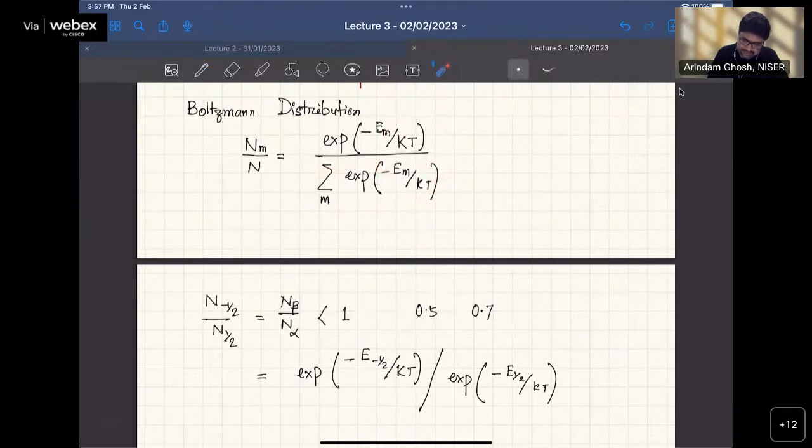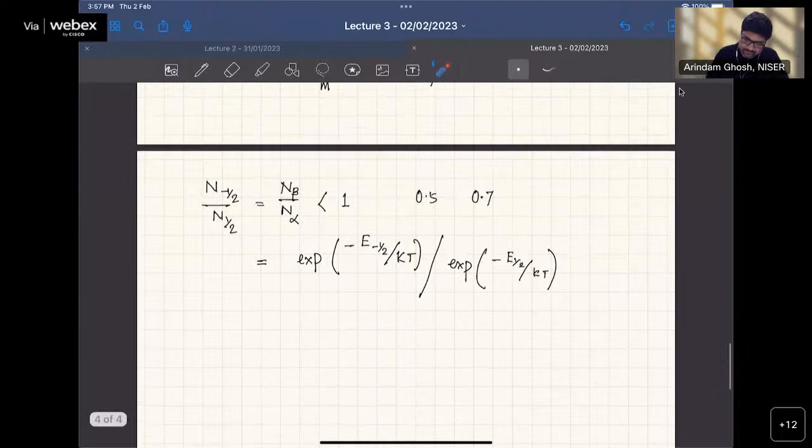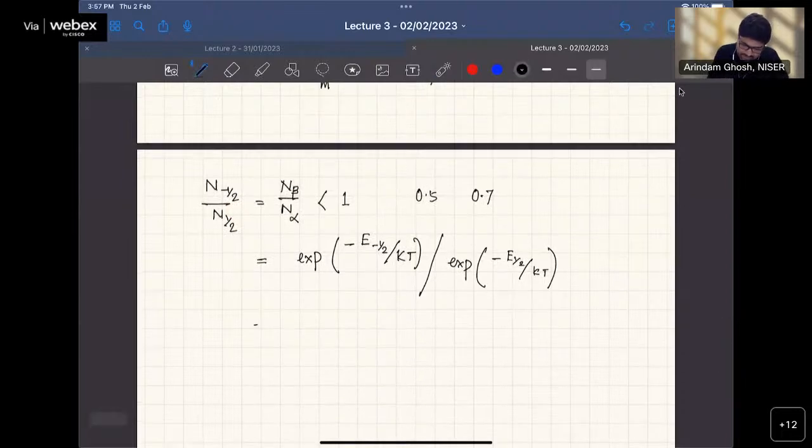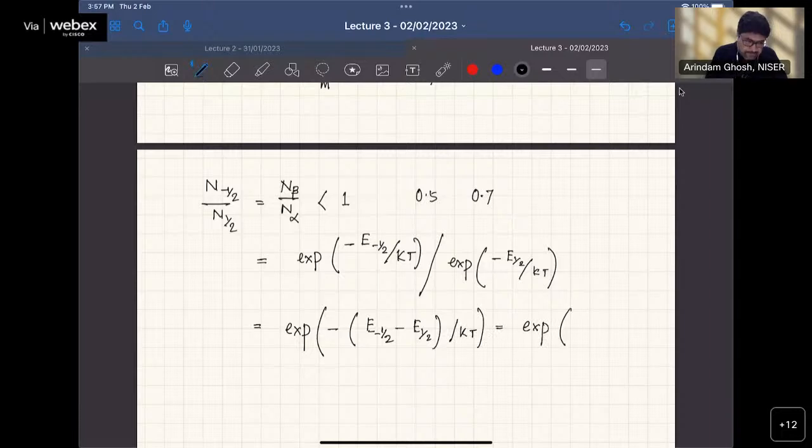This part is going to be cancelled in a ratio like this. So I write it down together as exponential of minus (E minus half minus E half) divided by kT, or exponential of minus delta E over kT.